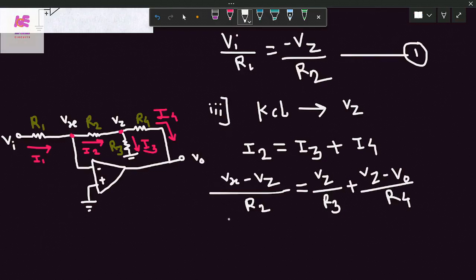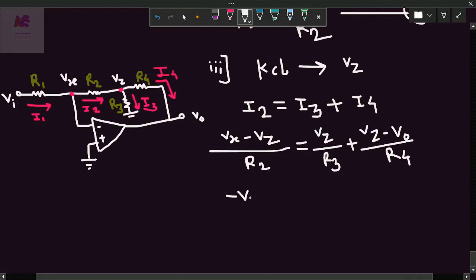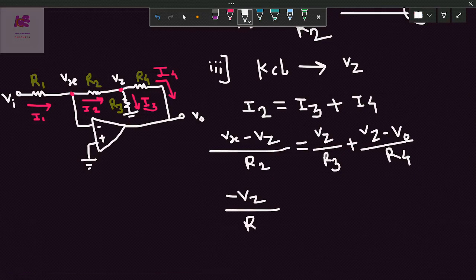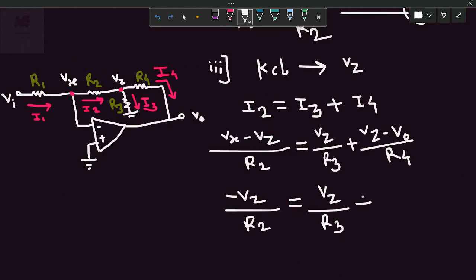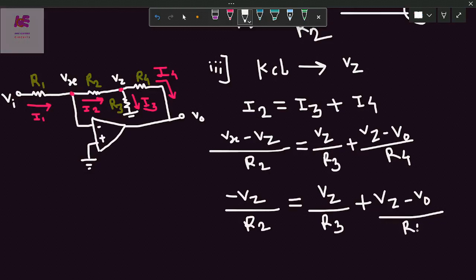As we know that Vx is 0, what we are getting is minus Vz by R2 equal to Vz by R3 plus Vz minus V0 by R4.